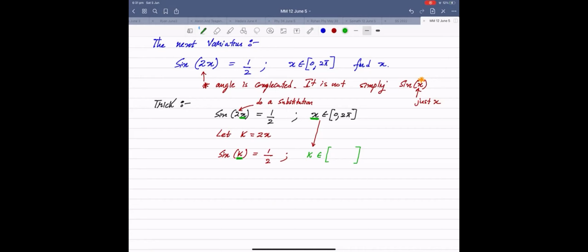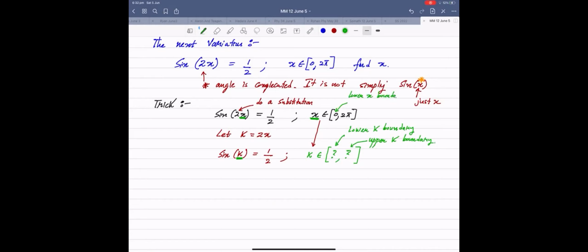Okay. So now how to find the k value here, the upper k value. So this is what we call the lower k boundary. This value is called the upper k boundary. Similarly, this 0 is called the lower x boundary.